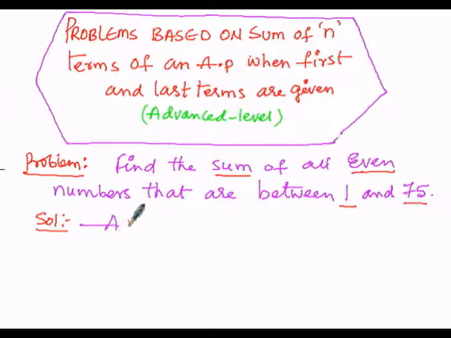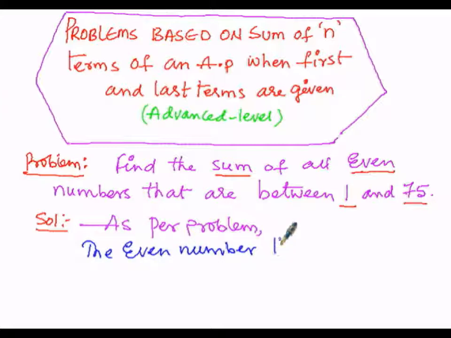So, here as per the problem, the even numbers that are between 1 and 75.